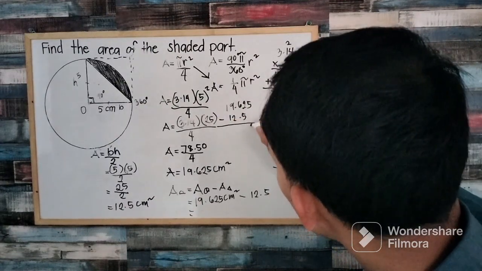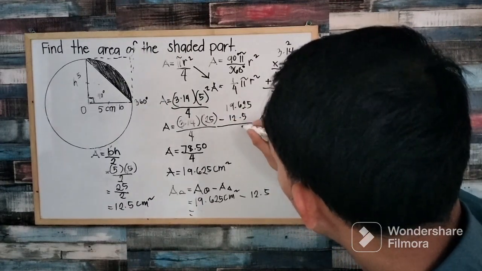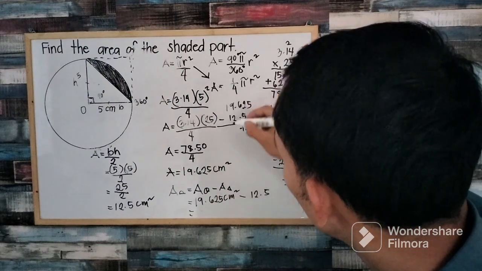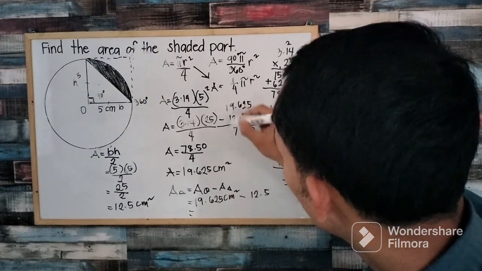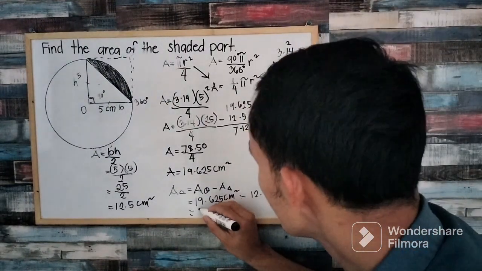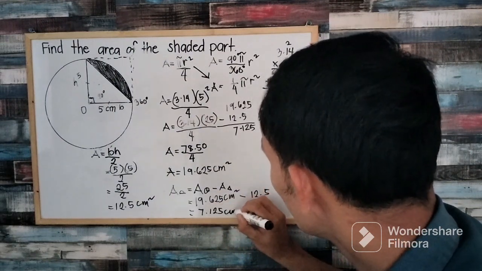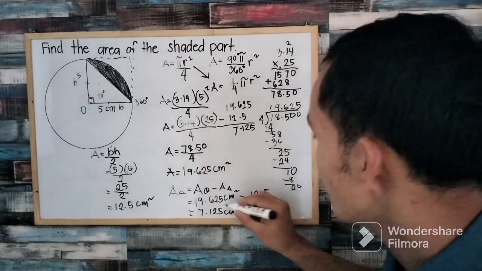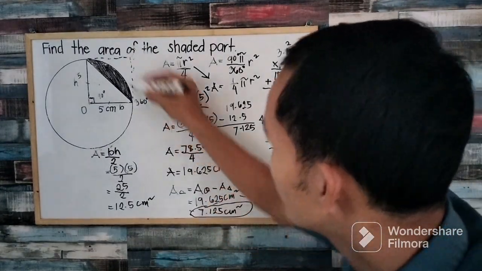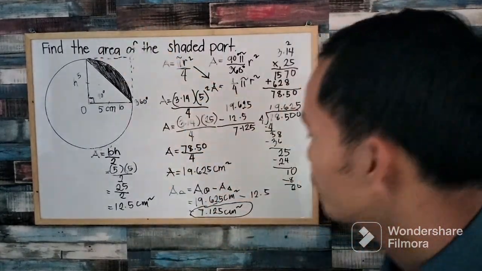That is 5, 2, 1. Then 9 minus 2, that is 7. And 1 minus 1 is 0. So the answer is 7.125 centimeters squared. This is now the area of this portion, the sector.